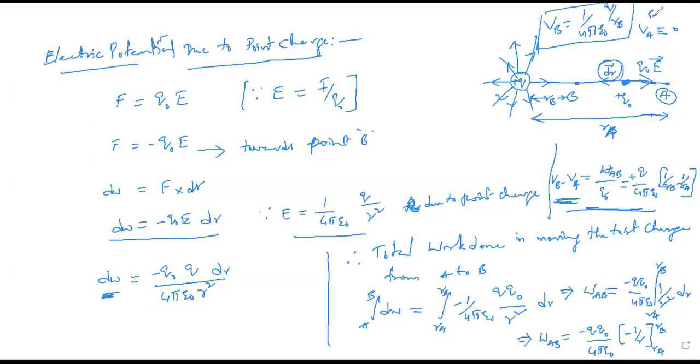When you consider point A at infinity, that means if you bring a point test charge from the reference point taken at infinity, then VA should be equal to 0. Then the electric potential due to a point charge will be VB is equal to 1 by 4 pi epsilon naught Q by RB. This is the expression, so please note it down.